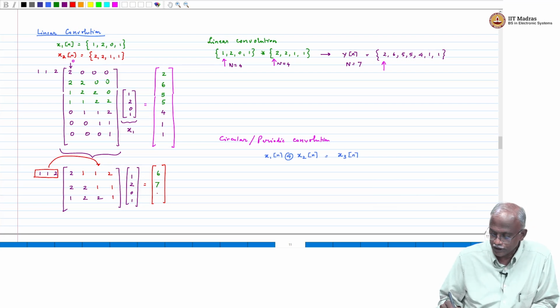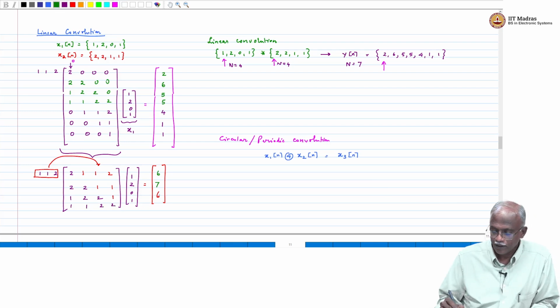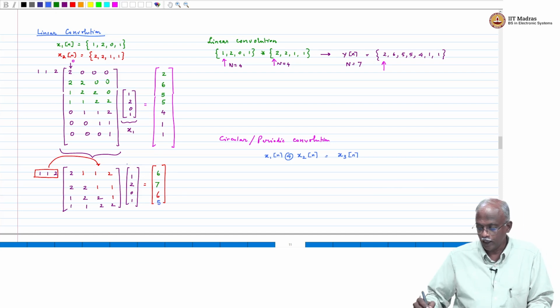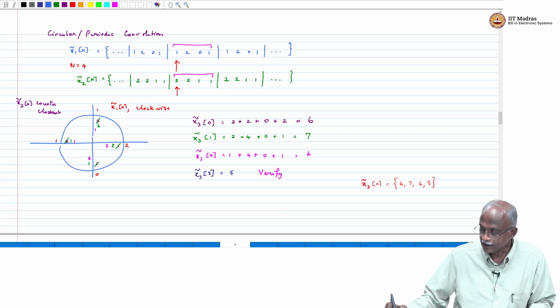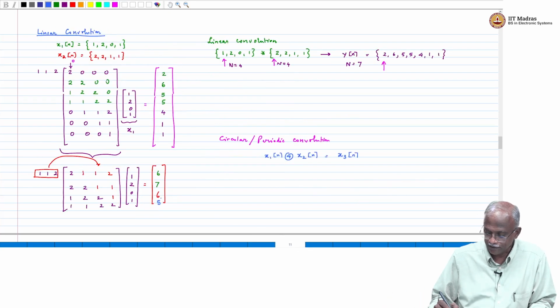What is the output? This is equal to 6. And the final step, you have 1, 1, 2, 2. This will give you a value equal to 5. And this is exactly what we got previously, 6, 7, 6, 5. So, you can verify 6, 7, 6, 5 is the output of circular convolution.